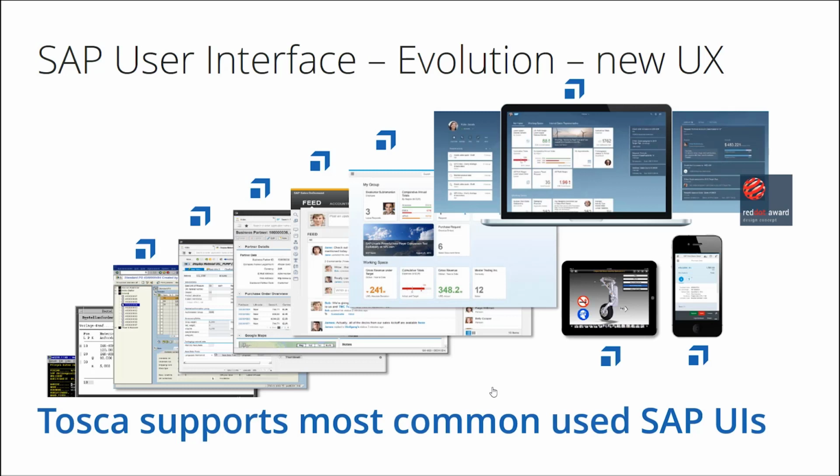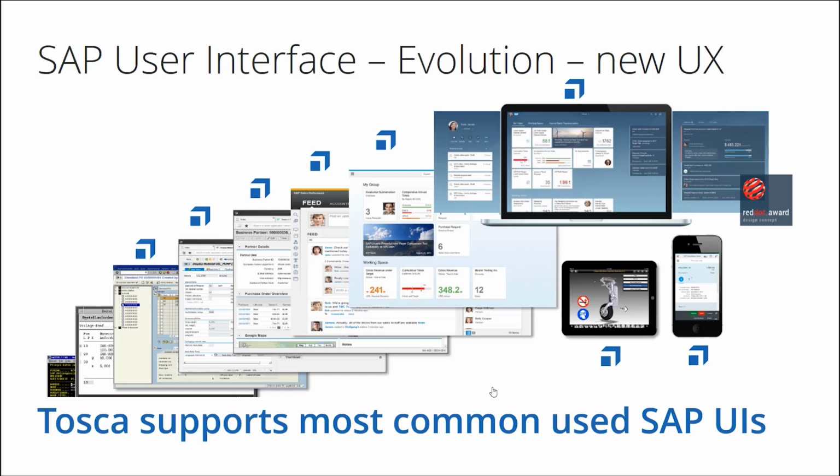So here is my clear answer to all questions about all different SAP systems. With Tosca, you can automate the whole family of SAP systems, as Tosca supports all commonly used SAP UIs, including mobile devices. So that was the introduction: where we are, what we can do with Tosca, what we can automate with Tosca.